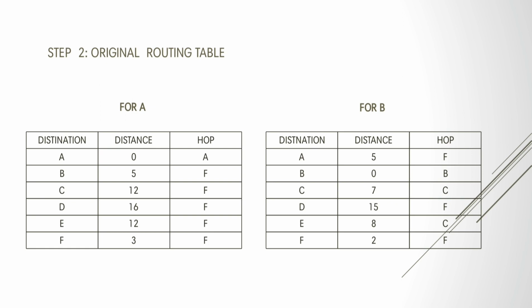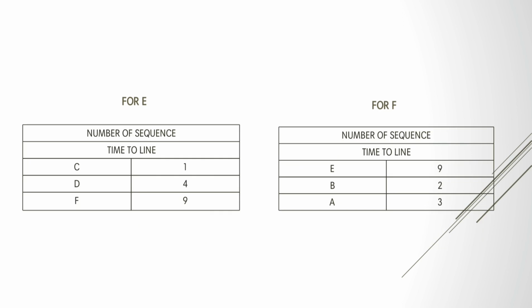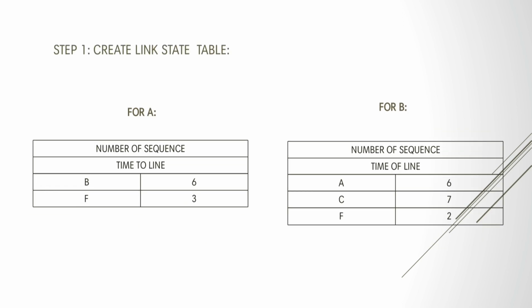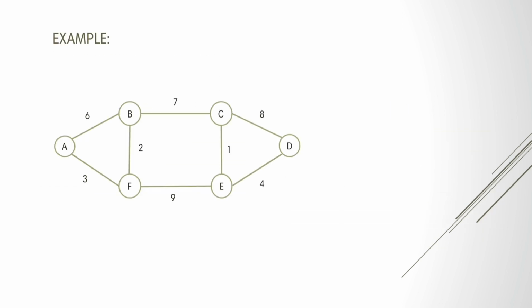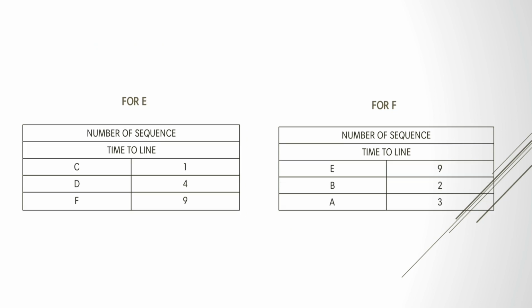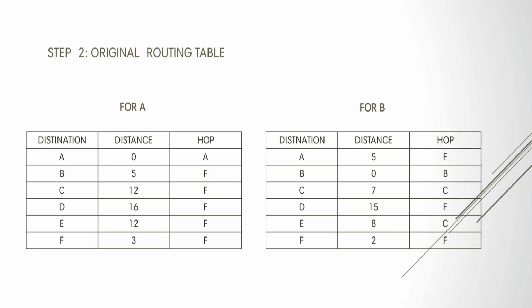Let's have the distance for A. For A to A, the distance is 0, that's the destination is A and HOP is A.